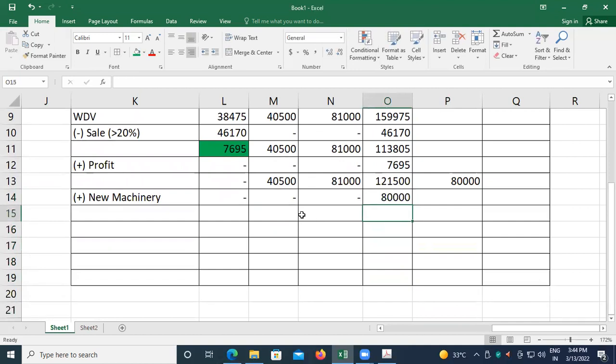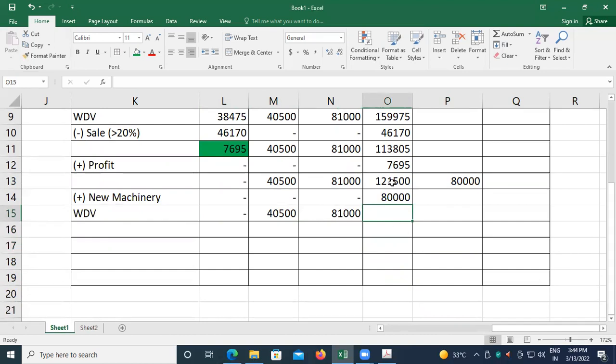So now if you take the written down value of all the assets, first asset, remember we sold here, so nothing will come. Okay, so the second value, what will be the value now? 40,500. Here it will come 81,000. Now remember, new machinery has been added in the business.